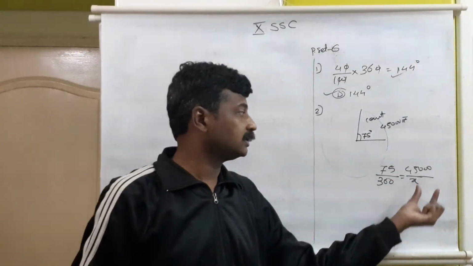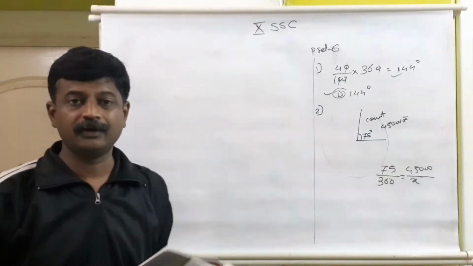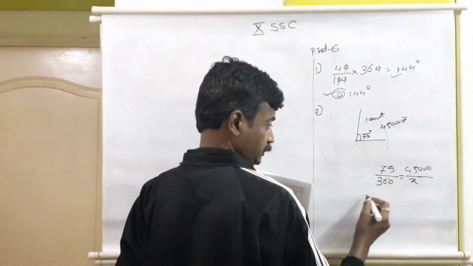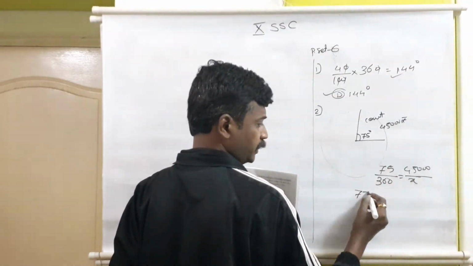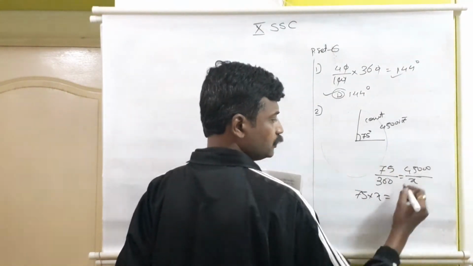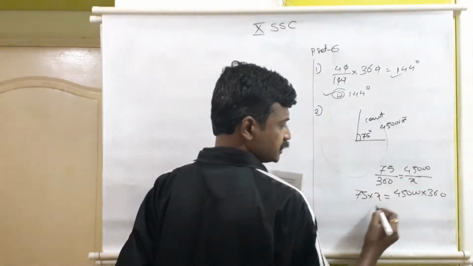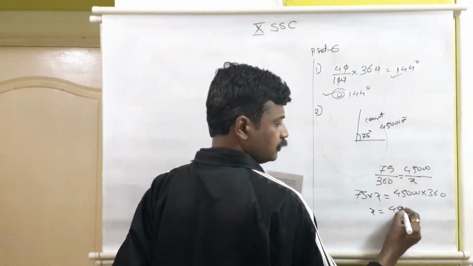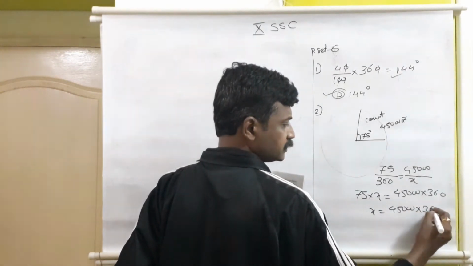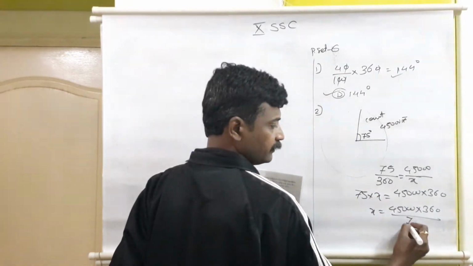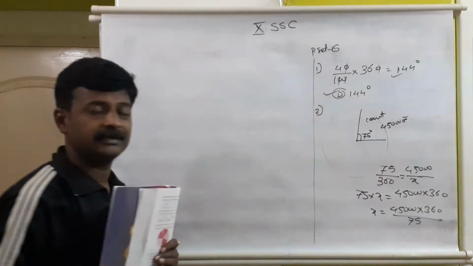What will be the total, when 45,000 is for cement? So 75 into x will be equal to 45,000 into 360. x will be equal to 45,000 into 360, with 75 going to the other side, at the denominator.